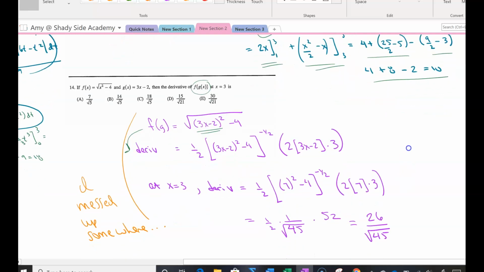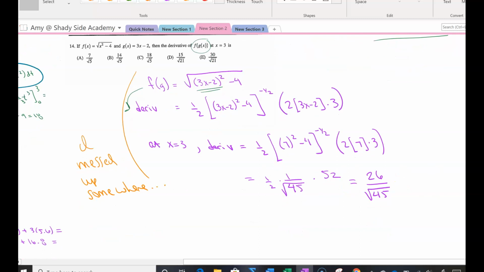Then at x equals 3, the derivative is going to equal 1/2 times 7 squared minus 4 to the negative 1/2 times 2 times 7 times 3. So this equals 1/2 times 1 over the root of 45 times 14 times 3.